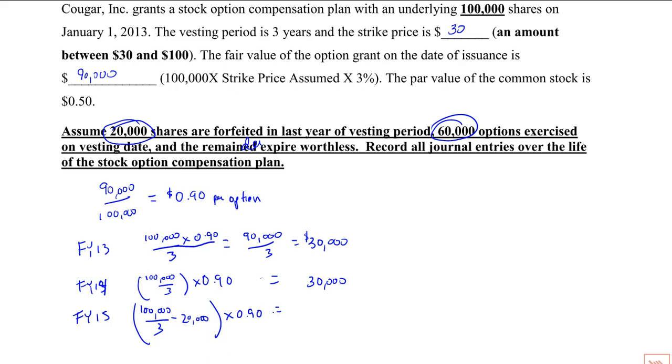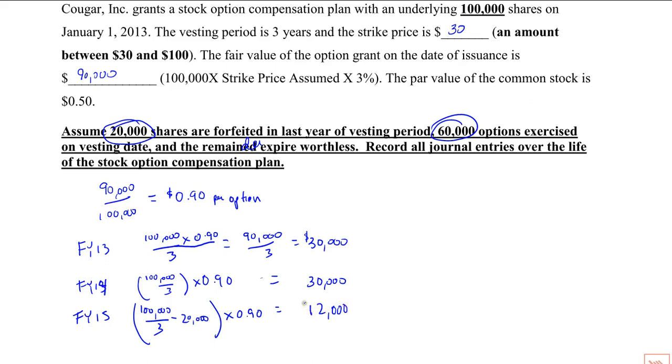So 100,000 divided by 3 is 33,333 repeating. Minus 20,000 is 13,333.3 repeating, and times 0.9 is going to be 12,000.